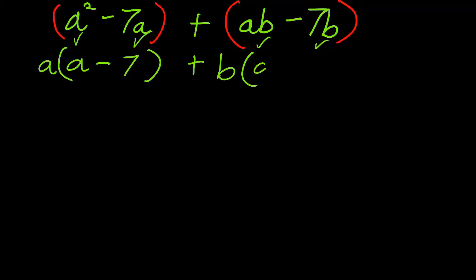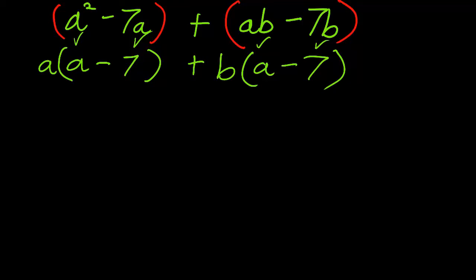So I'll write down an a, copy down the minus sign, and then b times what is 7b? 7. B times 7 is 7b. So now we've factored the second set of parentheses by GCF, the greatest common factor.